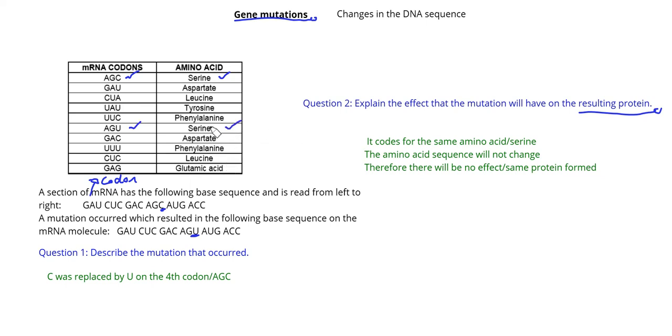Now, in this case we can see that there is no change in the amino acid that is going to be formed. So you're going to say both AGC and AGU code for the same amino acid.